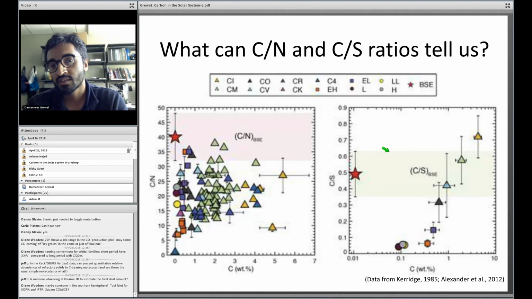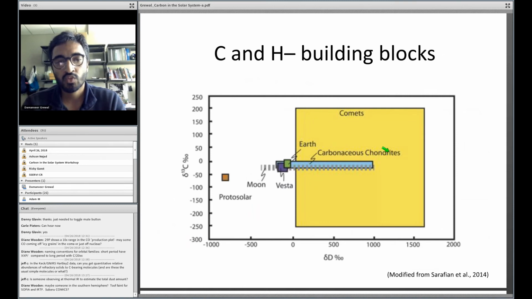While if we look at the carbon/sulfur ratio in the bulk silicate Earth, it is, within error, approximately equal to the carbonaceous chondritic value. So the important thing to note here is that the carbon/nitrogen ratio in the bulk silicate Earth is superchondritic, while the carbon/sulfur ratio in the bulk silicate Earth is chondritic.